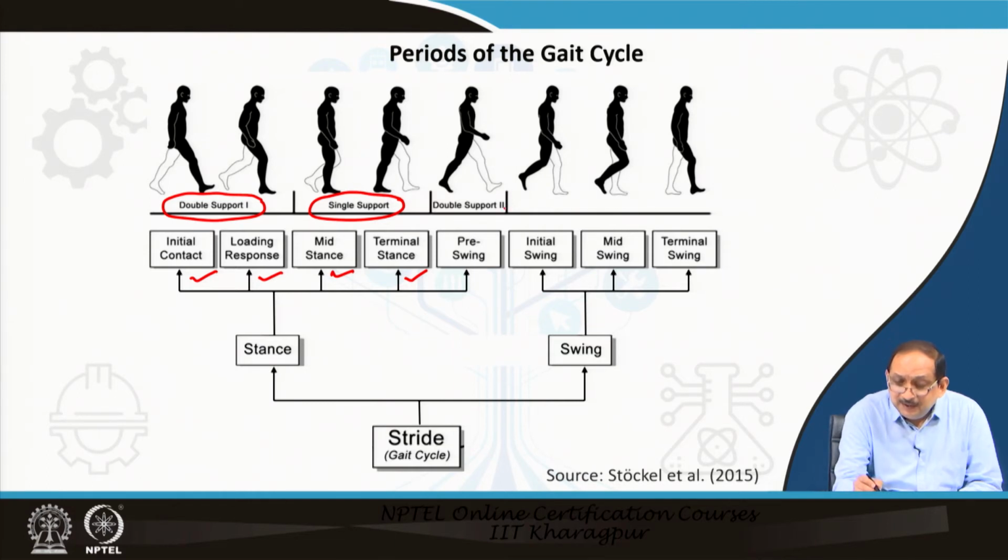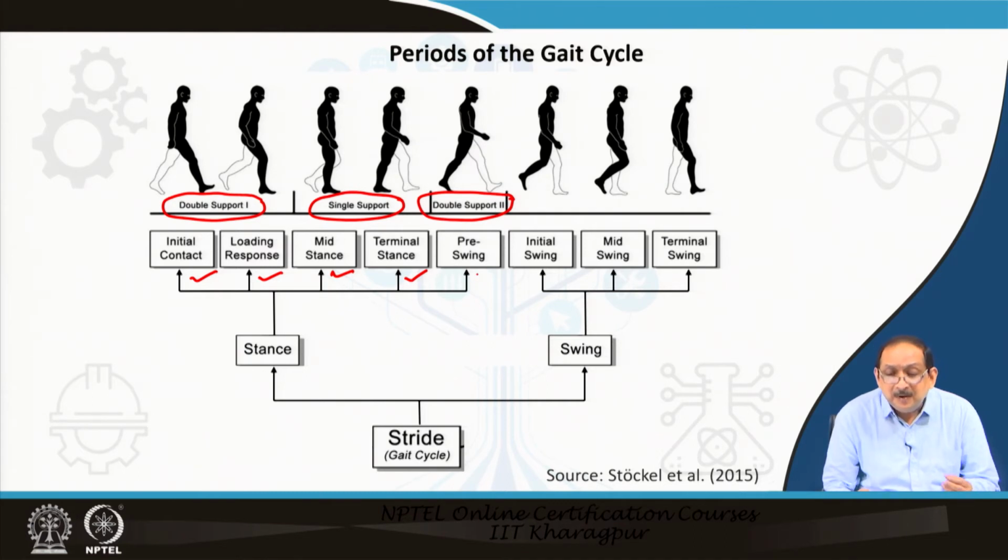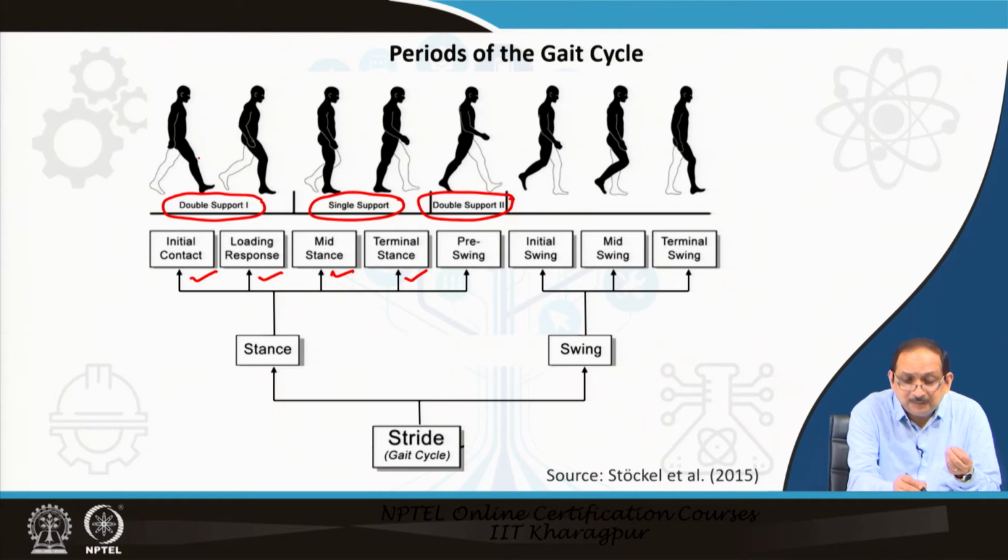And finally, in the double support 2, it is the pre-swing condition of the right leg, which is marked in black now. You can see here at the start of the swing phase, it is taken off the ground. And it will be swinging further.